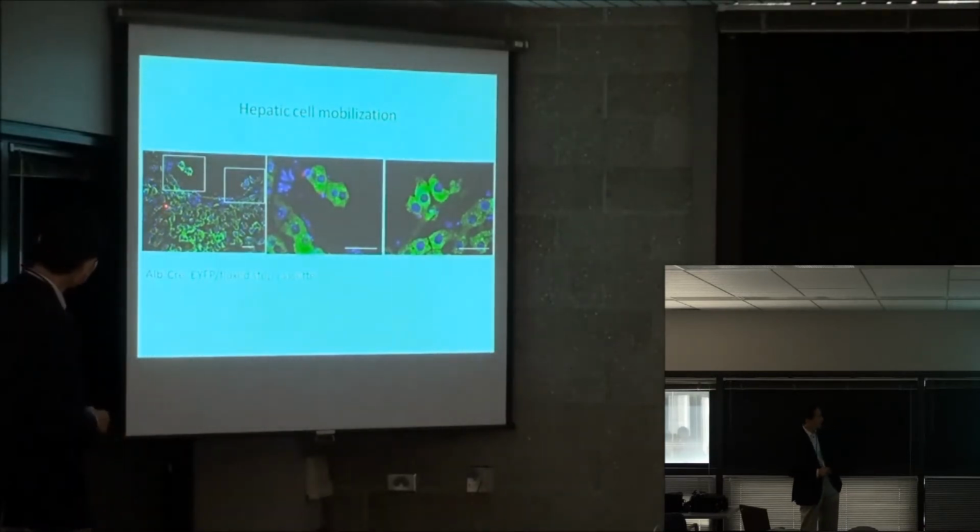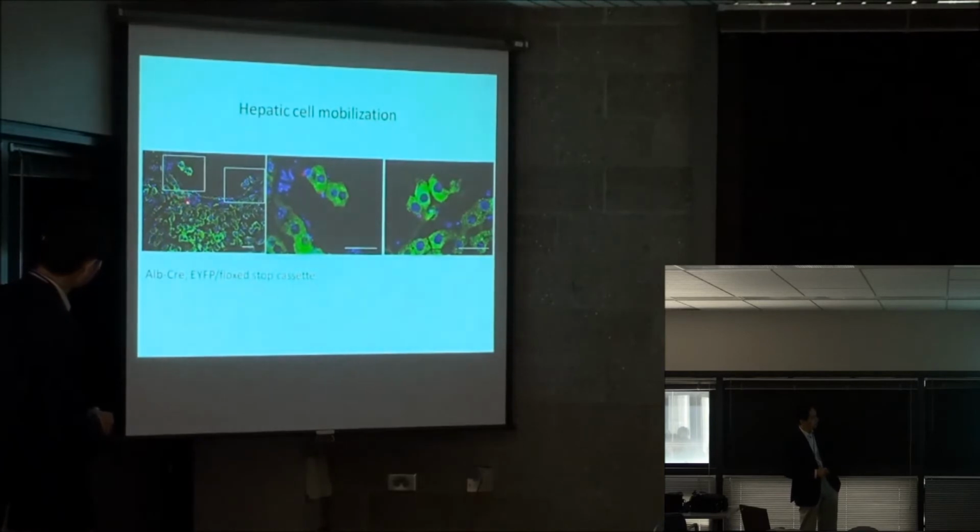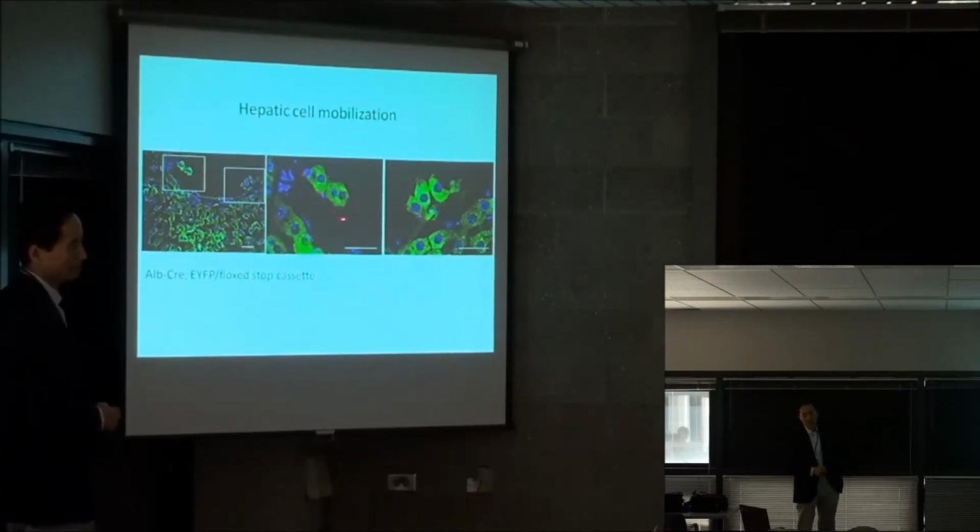Collagenase will break down locally collagen and basal lamina right here in the capillary. Then when collagen and basal lamina are broken, degraded, the liver cells are just released, mobilized.